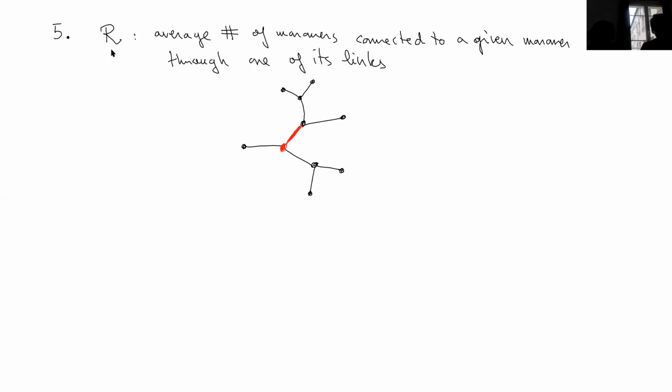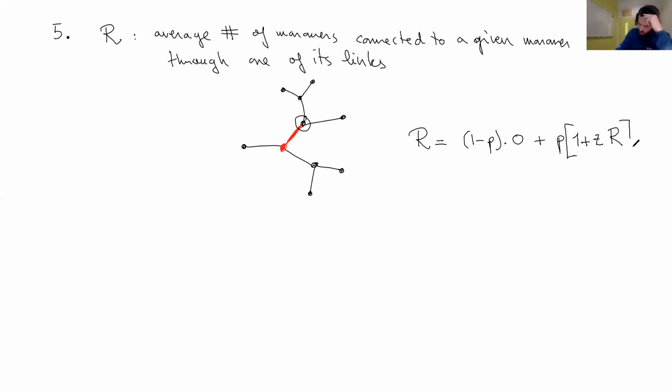So first, there's the fact that if there's no bond, it's 0, 1 minus p times 0, plus the probability that there's a bond, so p, times 1 plus, because there's this monomer, plus z times the average size per bond. So R. Is it Z? Z minus 1. Yeah.